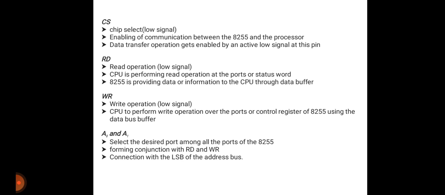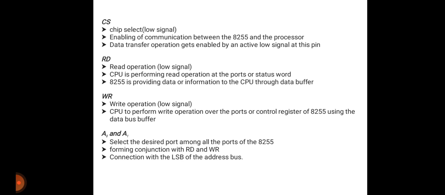The next one is WR. WR shows the write operation. It also has a low signal at this pin. It allows the CPU to perform a write operation on the ports or control registers of the 8255 using the data bus buffer. The next pins are A0 and A1.